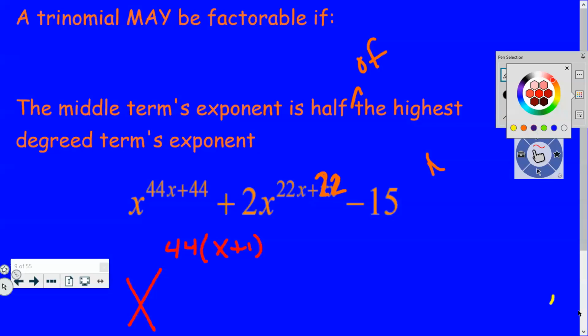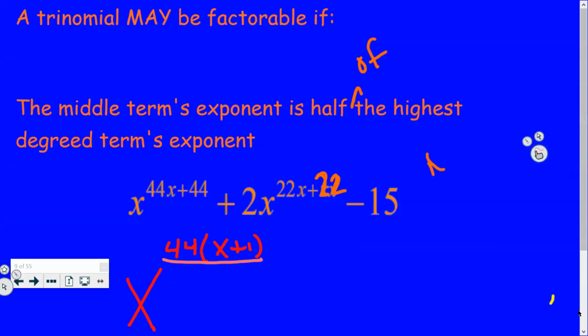So what that means is x is being raised to 44x plus 1. That's what that means. Let's take a look at the next term. I can factor out a 22.